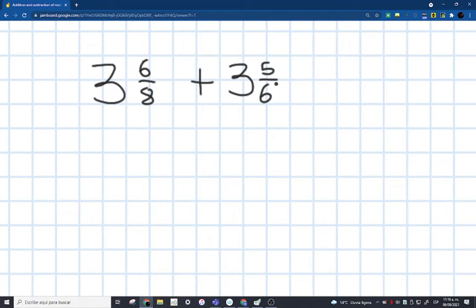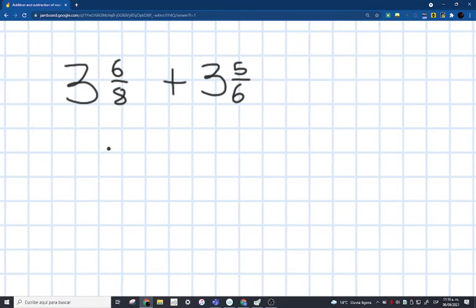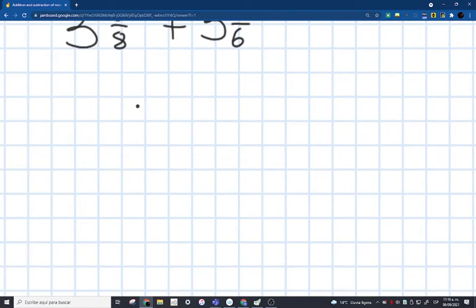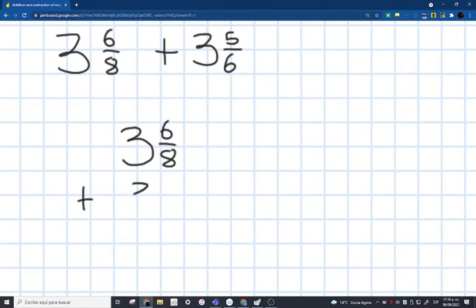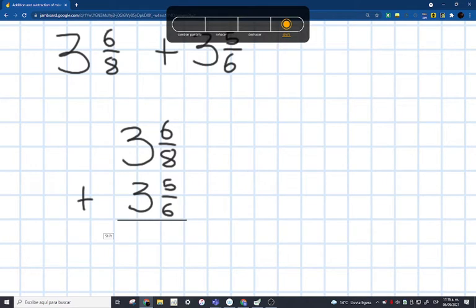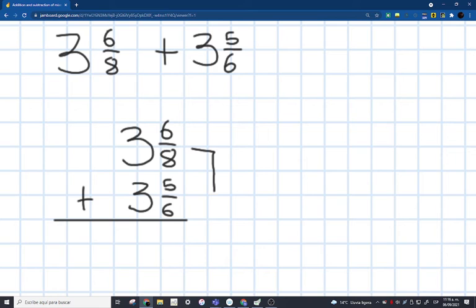Okay, first of all, they are unlike, and this is going to be also an improper. So let's do it. Look, 3 and 6/8 plus 3 and 5/6. Okay, so this one has to be added. Look, 6/8 plus 5/6.